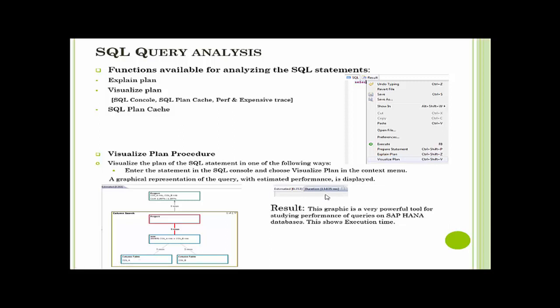So by this we can analyze whether the SQL statement written is a fine-tuned SQL statement or not. If the value is very high, then it makes sense to tune the SQL statement and again retest by visualizing its plan. This graphic is a very powerful tool.